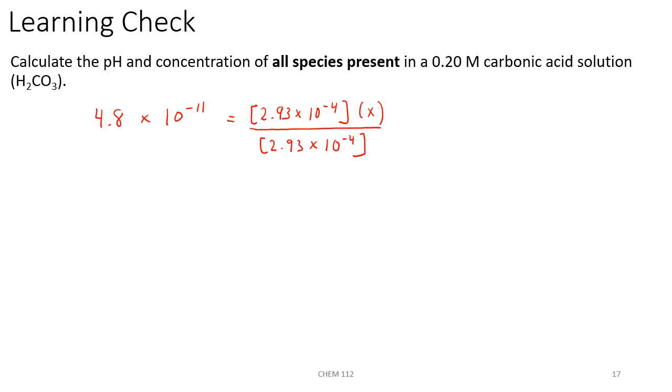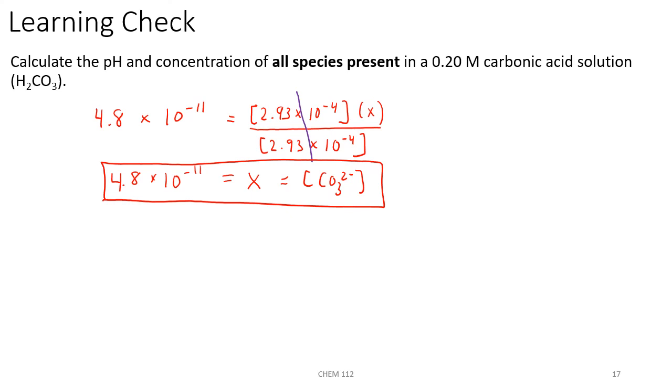So that'll just be 2.93 times 10 to the negative fourth as well. So notice that since our hydrogen ion concentration and our hydrogen carbonate ion concentration are the same, those two terms essentially cancel, and our X ends up being equal to our Ka2. So X is equal to 4.8 times 10 to the minus 11th. And X was equal to our carbonate ion concentration, CO3 2-.